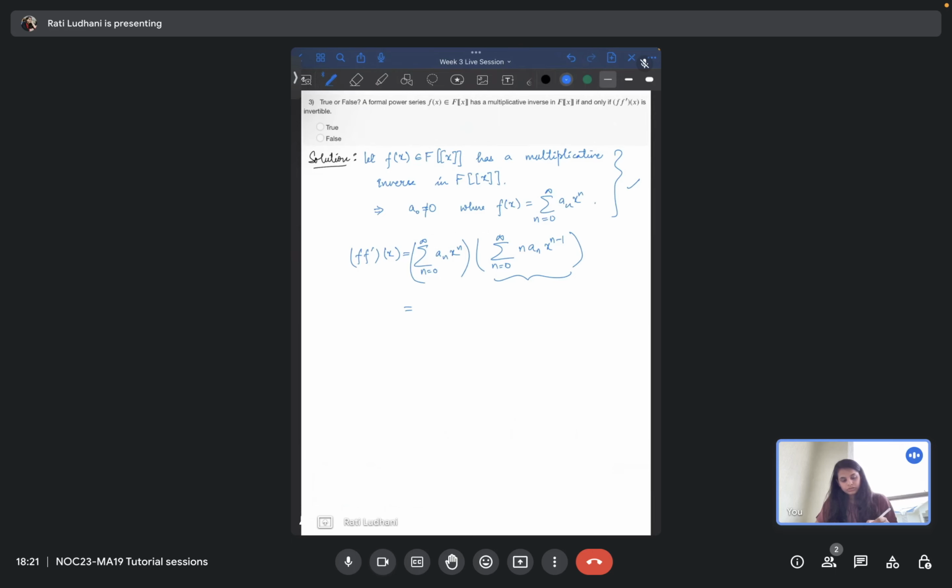Now if I want to write in a better way, I can just start with x raised to power n, here a(n+1), here n plus 1, where I'm replacing n by n plus 1. So here also I should do that, n by n plus 1.